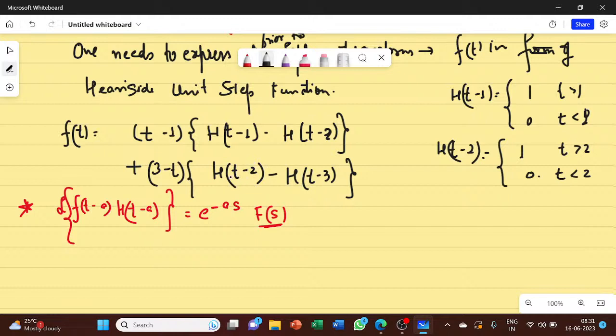So here if I add these terms up, the first term is fine, it is t minus 1 into h of t minus 1. This is absolutely fine, there is no problem.